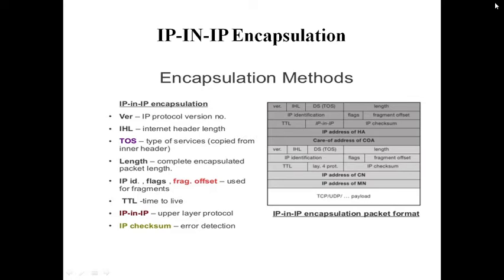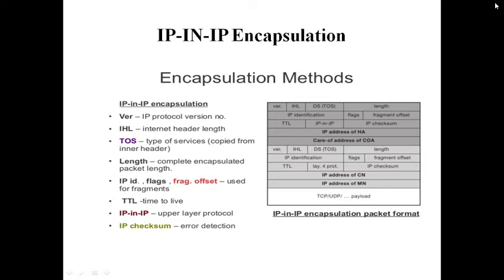The right part is the diagram of the packet format of the IP in IP encapsulation. Here on the left side you can see the details about each and every field mentioned in the packet format. The fields of the outer header are like this.